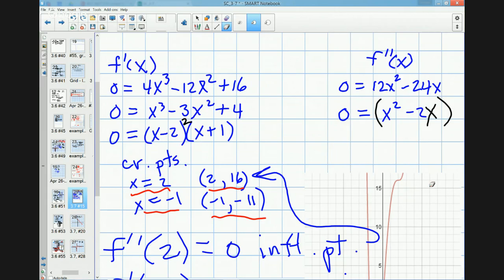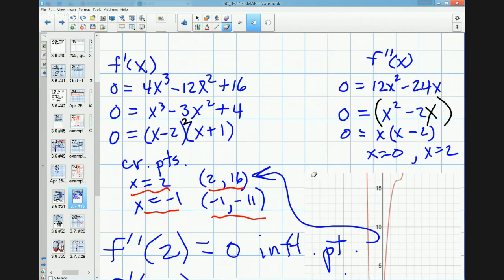So what you have here is 0 equals x times the quantity x minus 2. And so x equals 0 is one solution, x equals 2. And what does that mean when the second derivative is 0? When the second derivative is 0, that means you have a point of inflection.